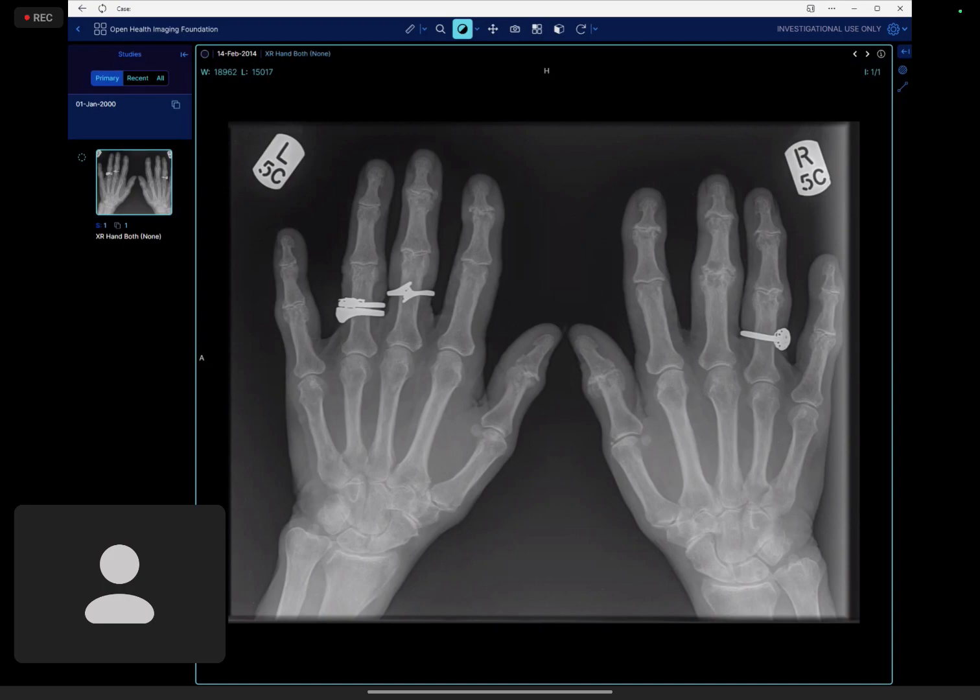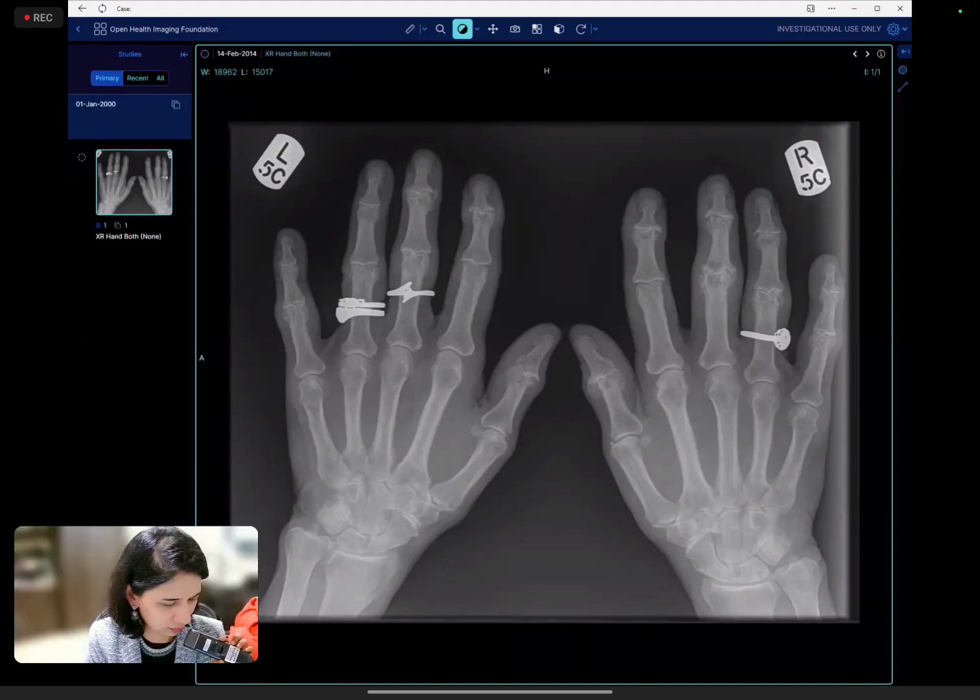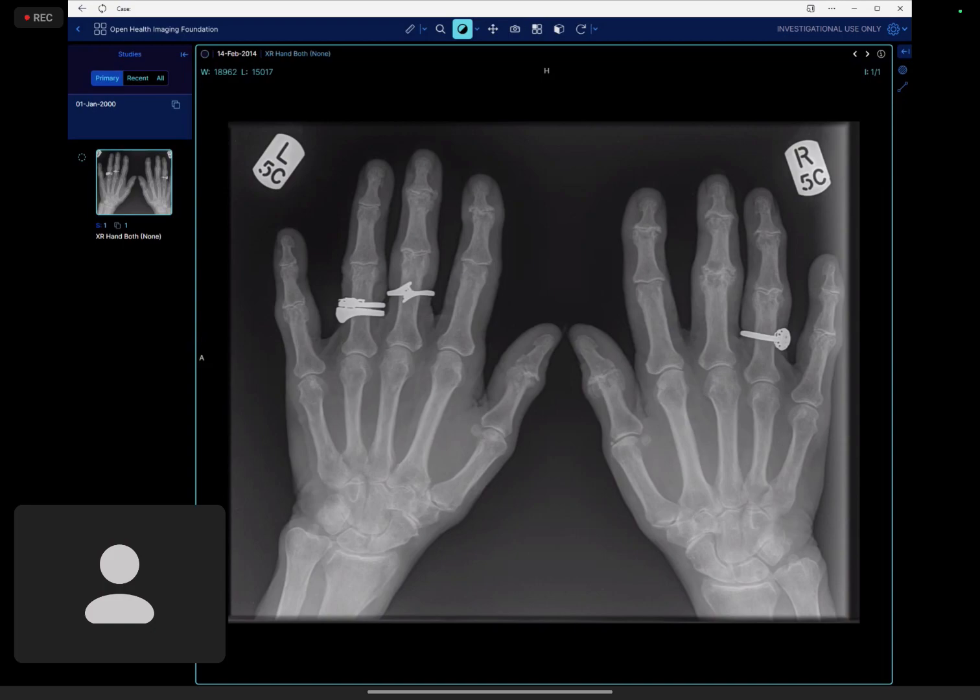I could also see that these are involving the first digit. Looking at the MCP joints, which appear normal, with no involvement.